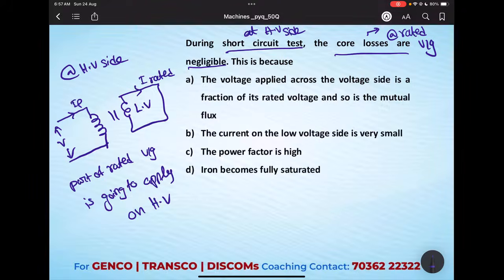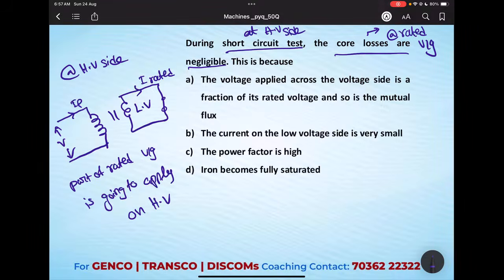Because in order to balance the kVA on both sides, applying part of the voltage is sufficient for circulation of rated current in the secondary side. Our motto is to calculate the copper losses at rated current. That's why the LV side is shorted. When the LV side is shorted, a small voltage applied on the HV side is sufficient to drive the rated current in the secondary side.